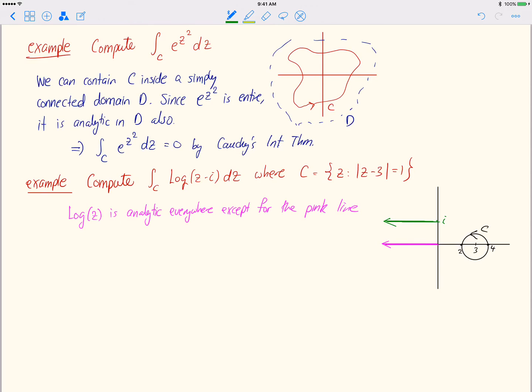If you think about it, if you take any point on that green line and you subtract i, you'll get to the pink line. So log of z minus i will be analytic everywhere except for the green line.